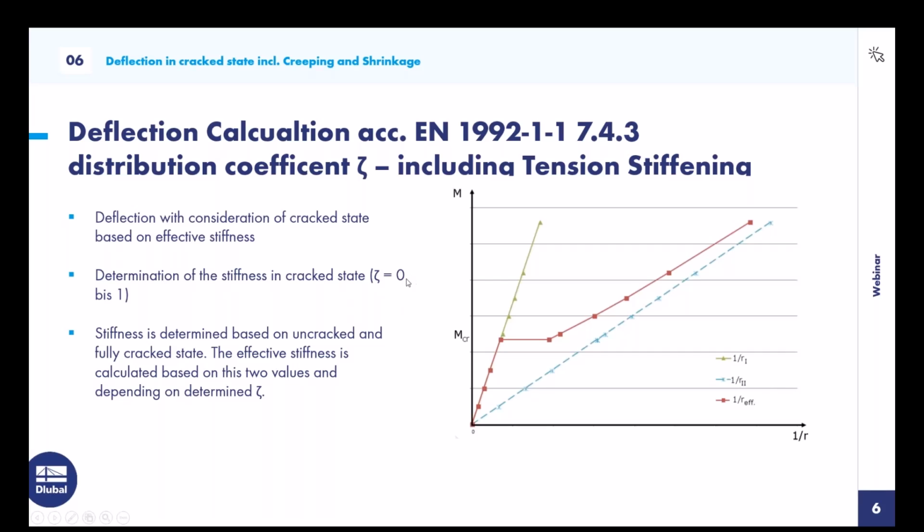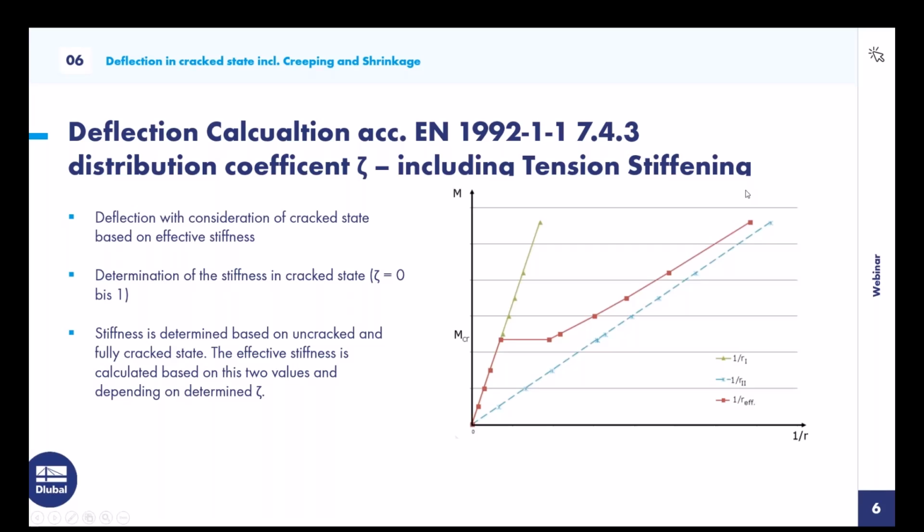It could have every value between 0 and 1. And based on this distribution coefficient, the stiffness is determined. This coefficient is depending on the load and the height of the load. So we have a state between completely cracked and uncracked here. Yeah. So this is our default setting.